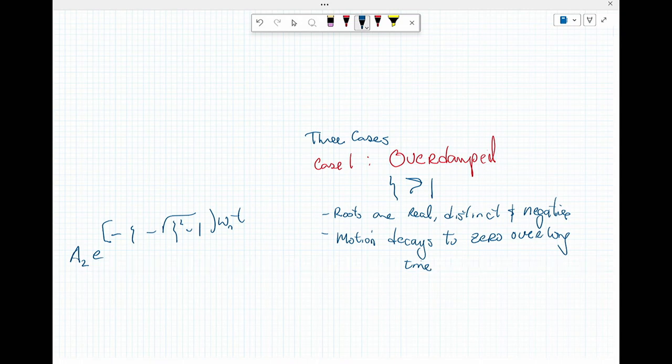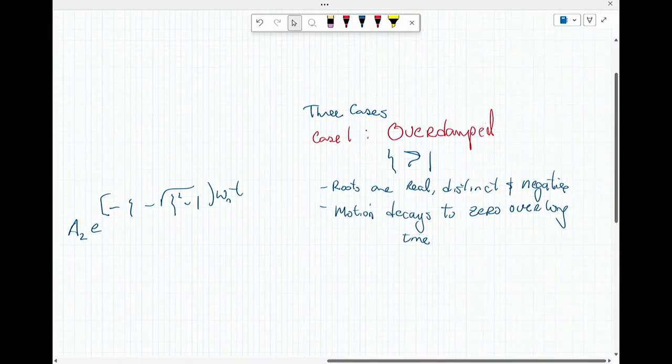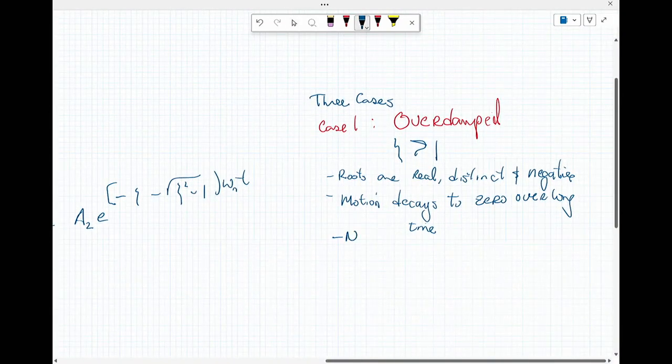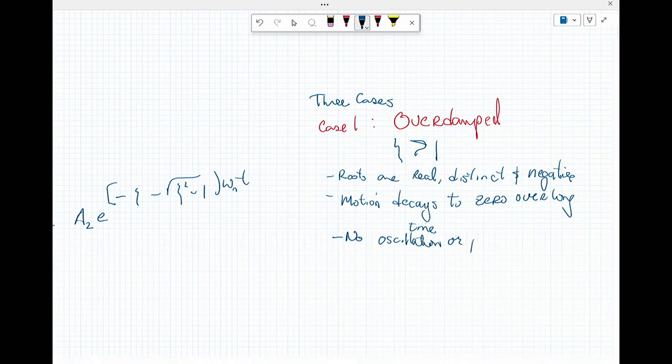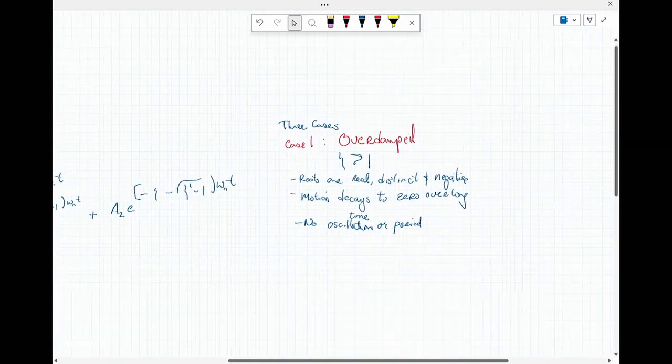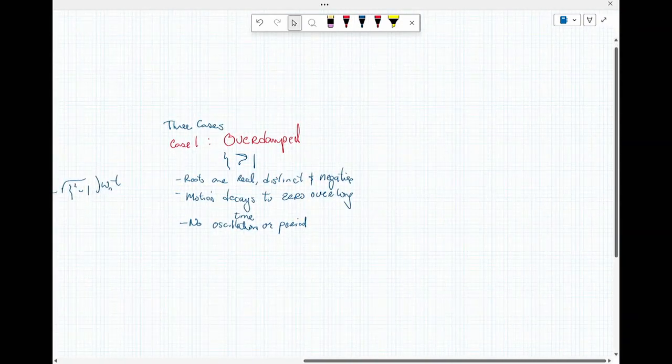And the motion decays to zero displacement. It asymptotically approaches zero displacement over a very long time. There is no oscillation. Okay, so that's all right.